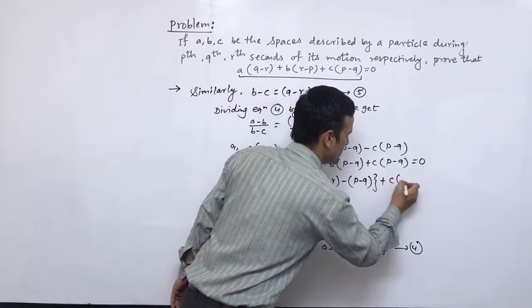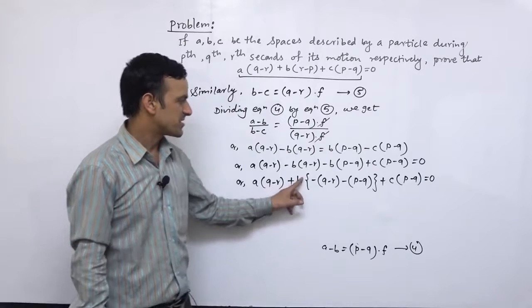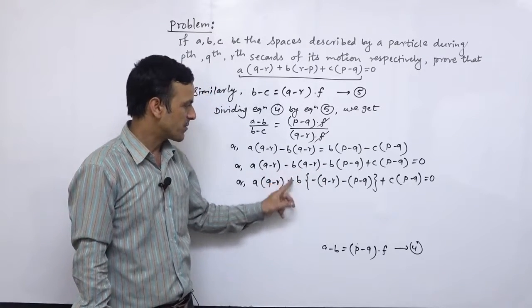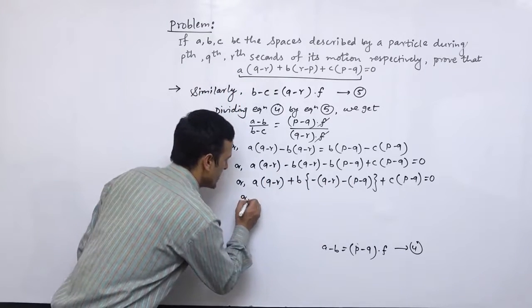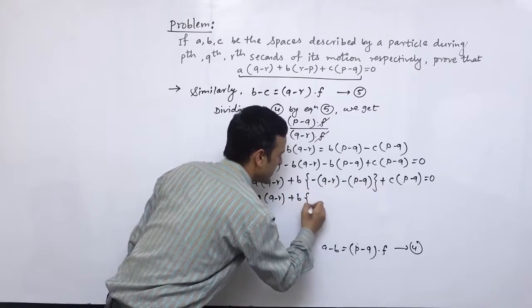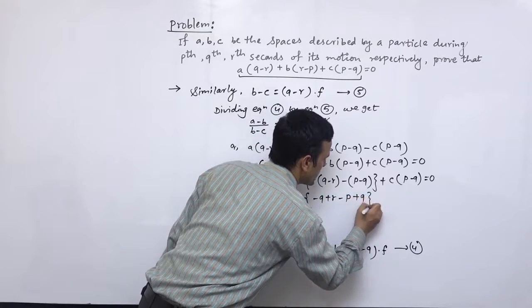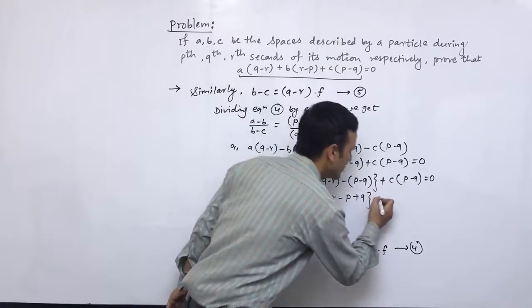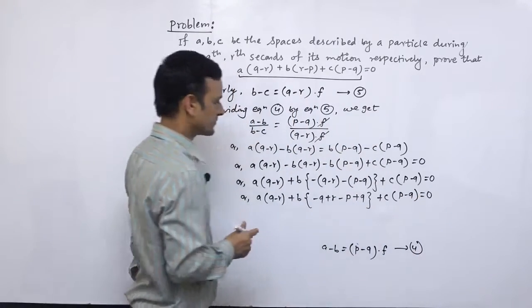So this is the step after taking plus B common from these two terms. B बाट हामी B common ल्याउँ र प्लस राख्ने बित्तिकै यो माइनस भित्र मिडल टर्ममा आउँछ. So if you solve it inside the curly bracket, then we get minus Q plus R minus P plus Q. So sign will be changed after multiplying this minus sign, and C times P minus Q is equal to 0.